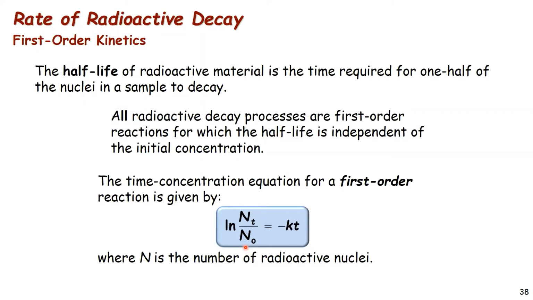Instead of having moles per liter per second as our rate, the rate of radioactive decay is going to be nuclei per second, where N represents the number of radioactive nuclei. So it's just going to be the radioactive nuclei at some time t divided by the initial number of radioactive nuclei. That ratio, we're going to take the ln of it, and that's simply equal to negative kt.